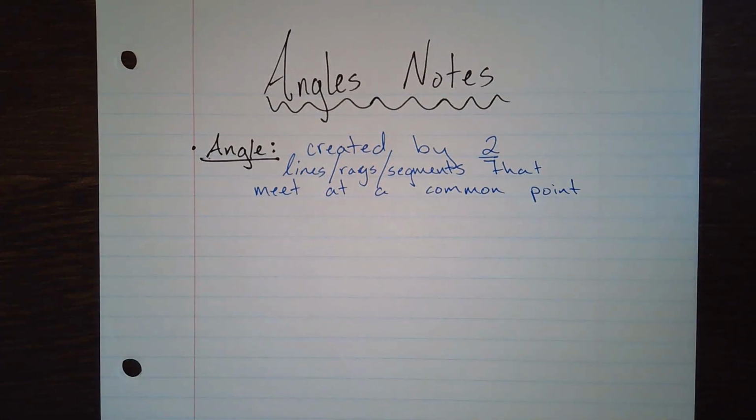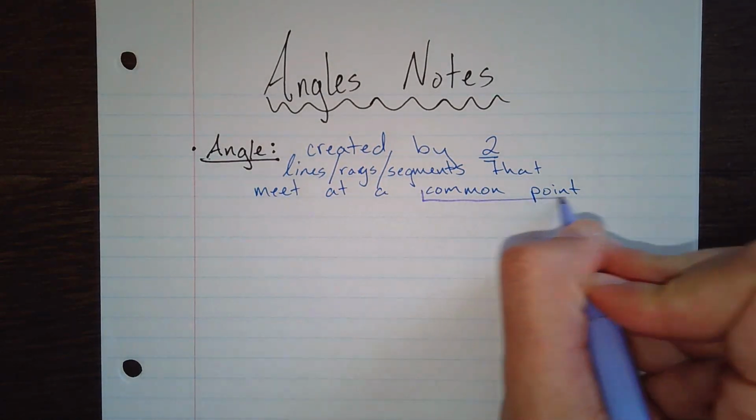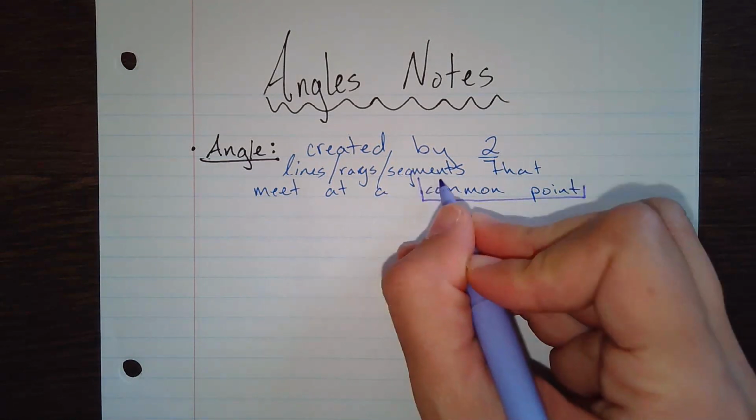So it's something that's created by two lines, rays, or segments that meet at a common point. Right, and this common point is going to be very important.